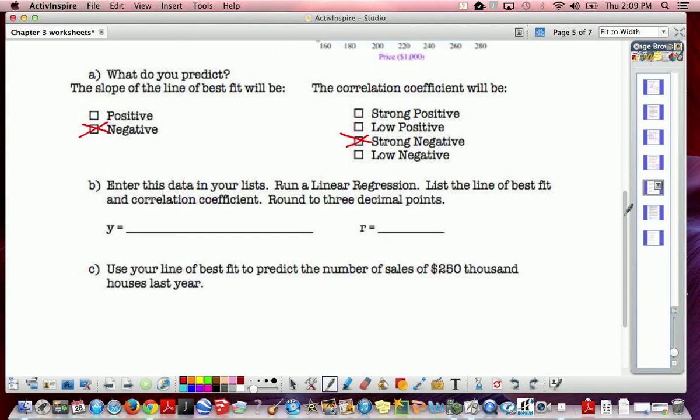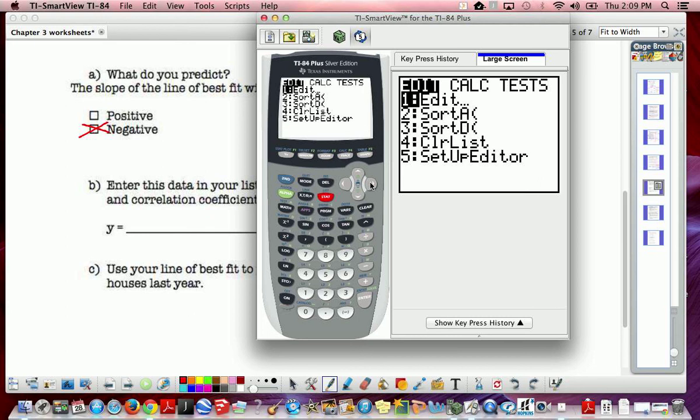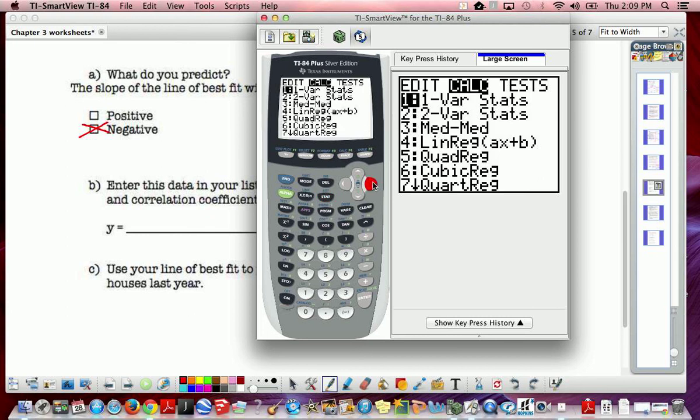Now, in part B, after you've entered the data in your list, it asks you to run a linear regression, list the line of best fit and the correlation coefficient, rounded to 3 decimal places. So how do you get those two values? Go to the Stat menu, use your right arrow key to highlight Calc, and choose linear reg.